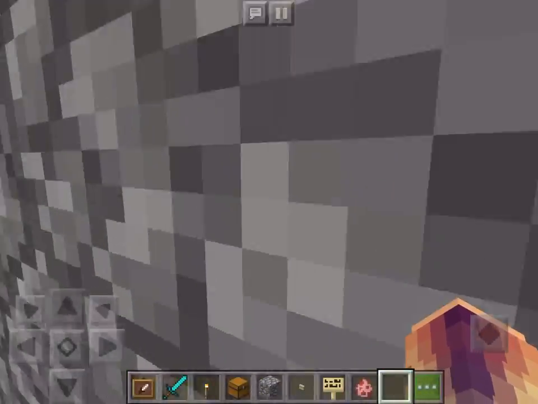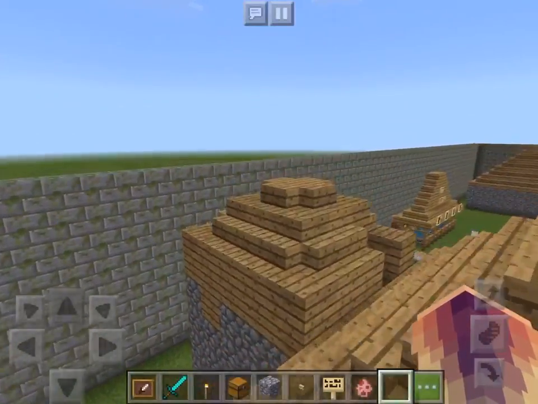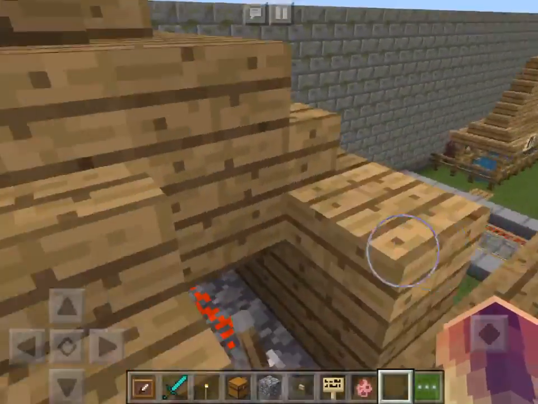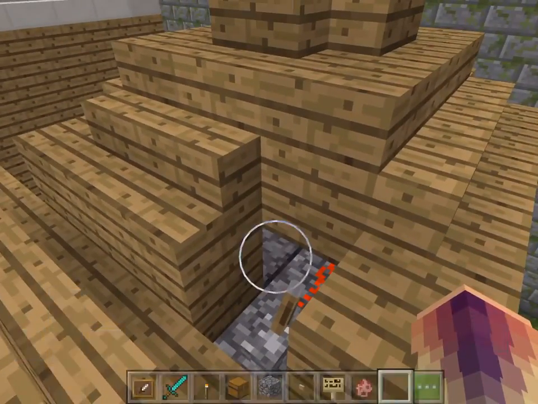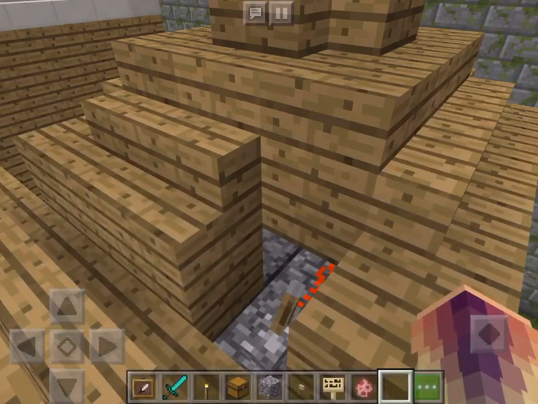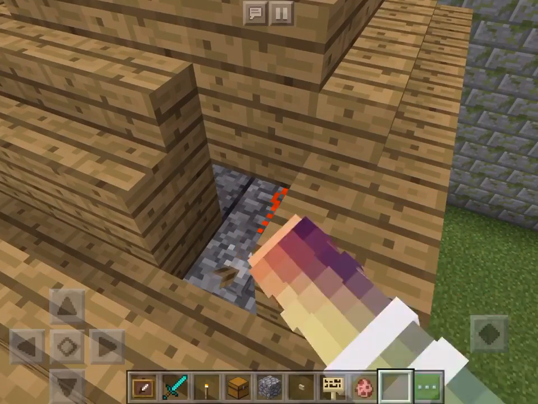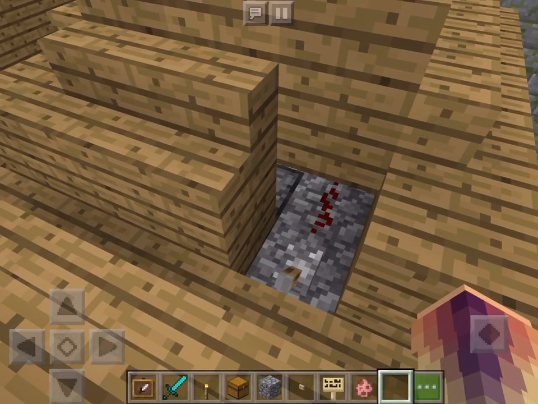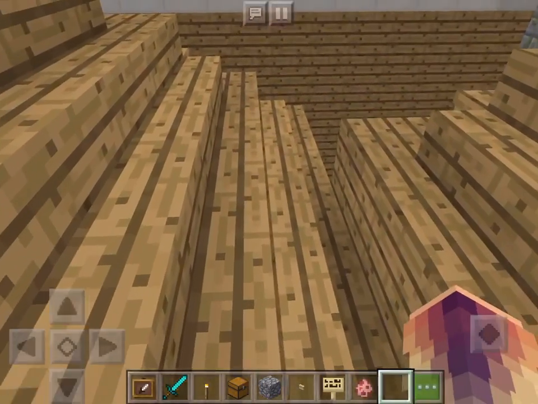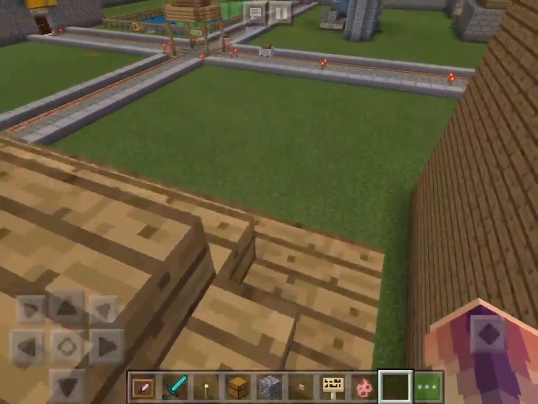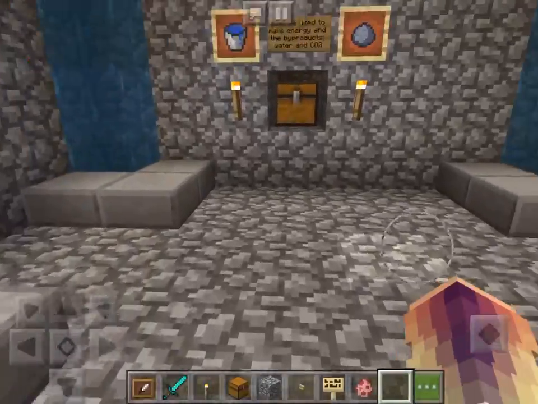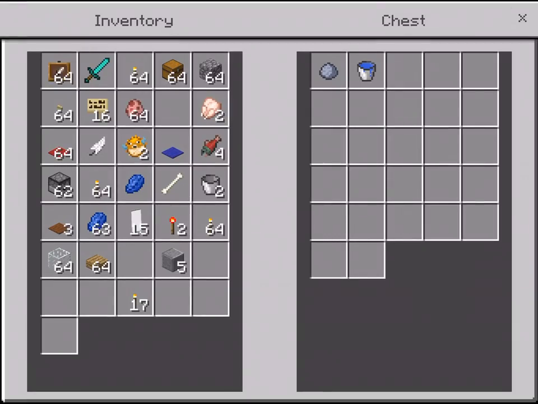So I'm going to show you this little contraption that I made. There's oxygen in this one, and glucose in the one next to it. I'm going to flip this switch, and it's going to convert it into water and carbon dioxide, which is in this chest.